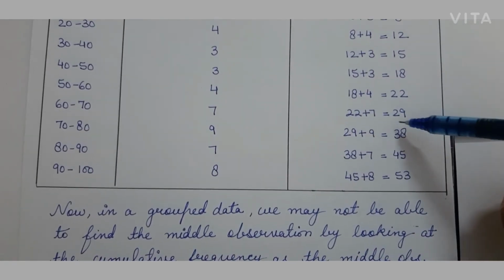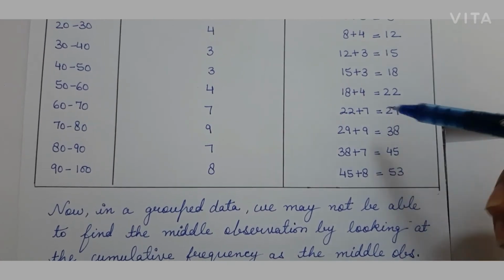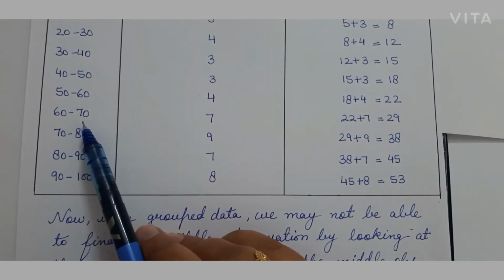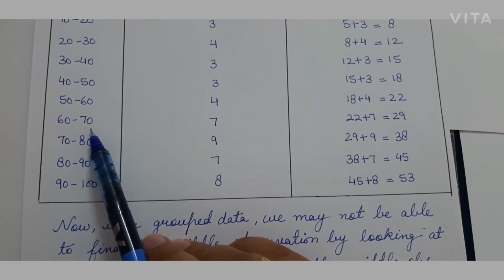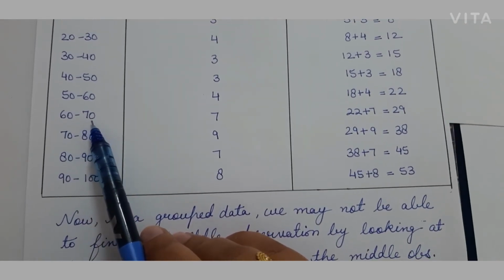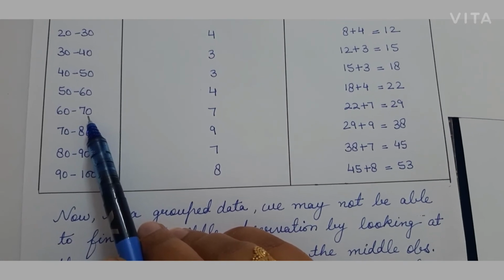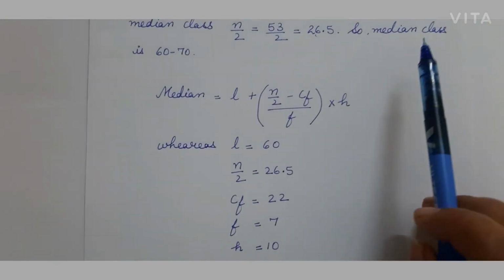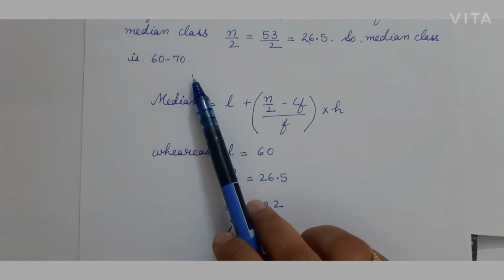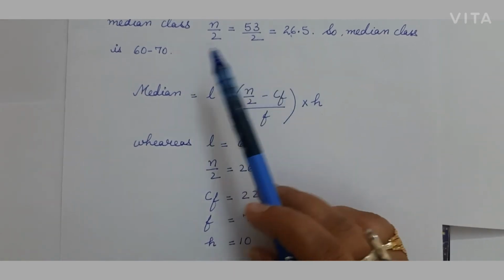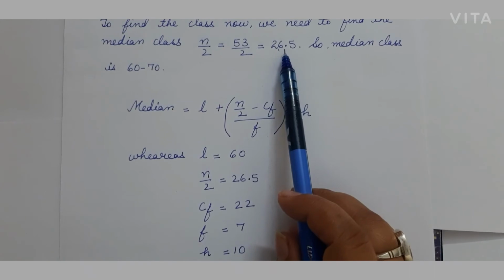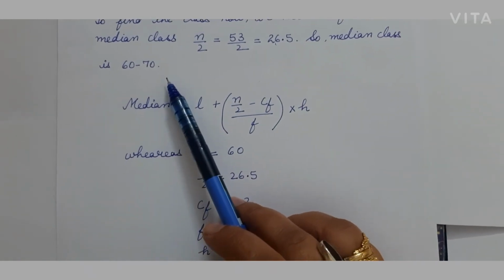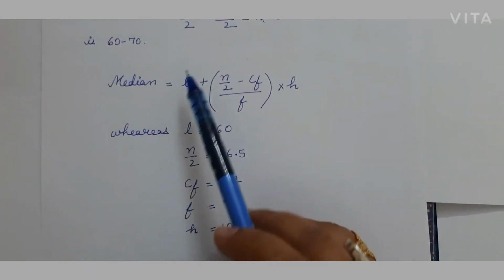So here we have to look at this 29, which corresponds to 60 to 70. So the median class we have taken is 60 to 70 because 26.5 lies within the cumulative frequency 29, which is in the 60 to 70 class interval.